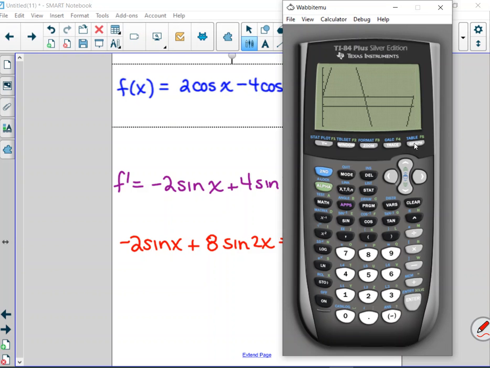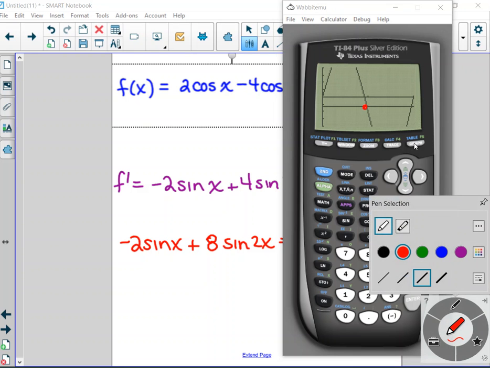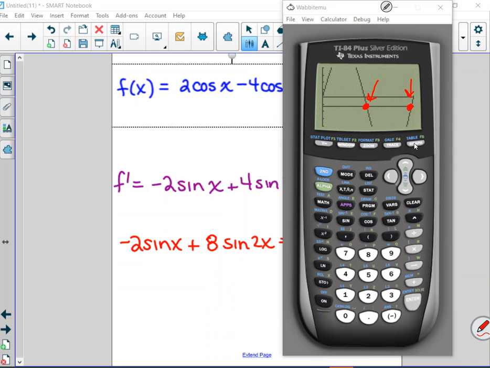Okay, so I got an X right here and an X right here where they cross. Look at your answer choices. Talk to me about what you're going to throw away, using some logic here.